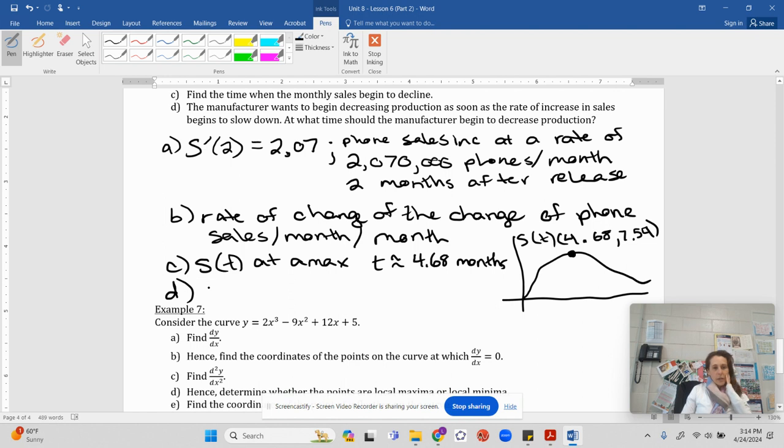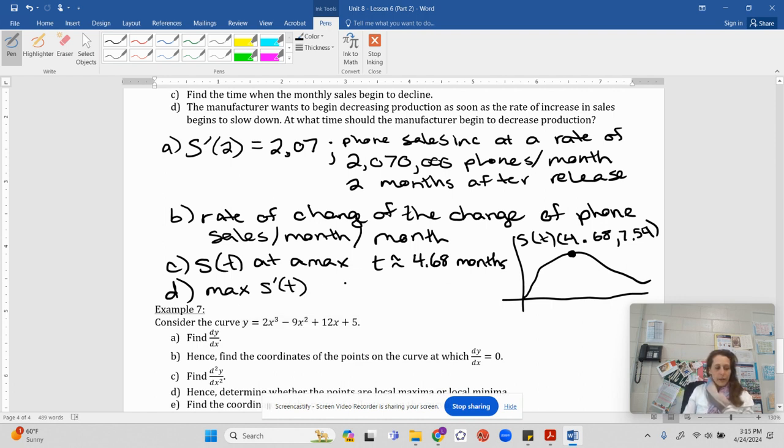You could do this in 2 ways. You could think of it as the max of S prime of T, because when the rate of increase begins to slow, that's when the rate of change is at a maximum. And then when it starts to decrease, the rate of increase in phone sales begins to slow down.